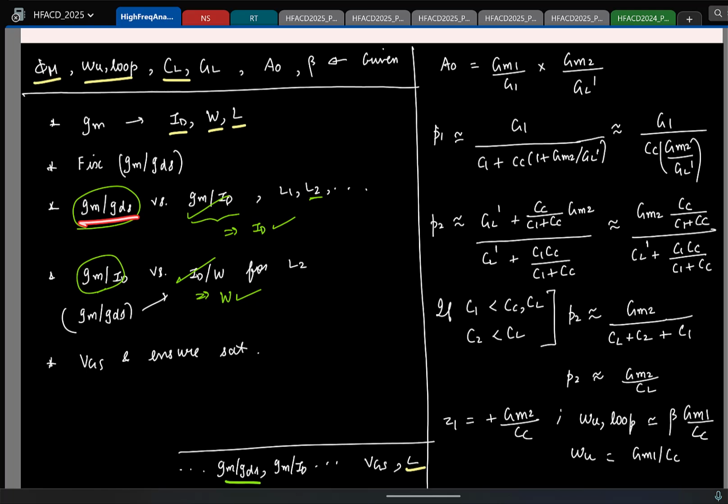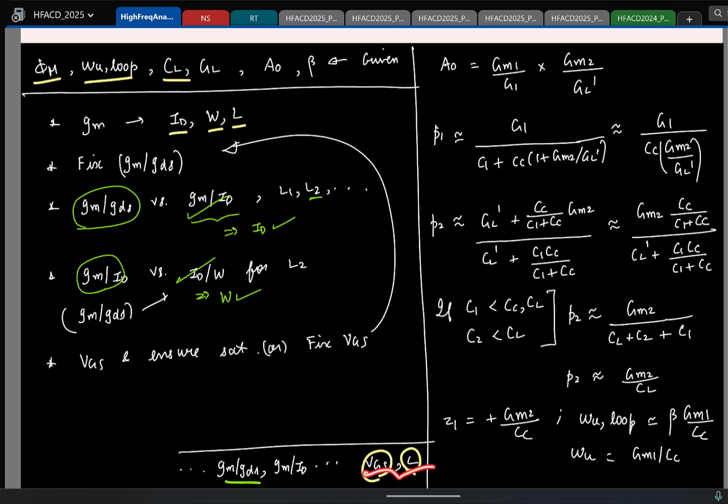Just like how I started with a particular GM by GDS, you can also start by fixing VGS. If you find that after you do this the VGS is not sufficient, maybe you can do the other way also. I can start with the given VGS. The moment I have VGS and the length, that will in turn fix GM by GDS. Correct?